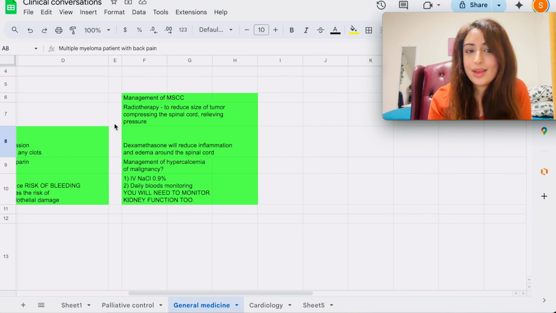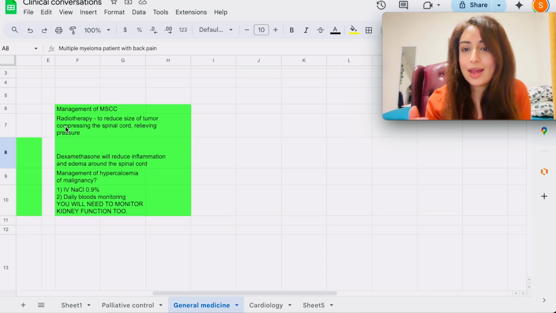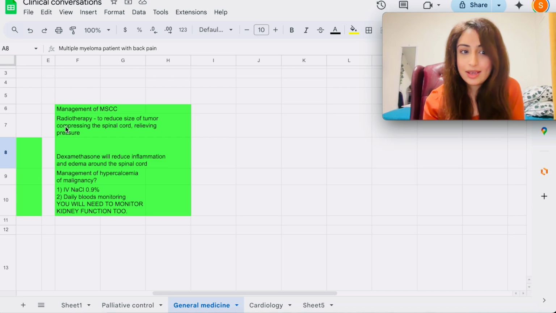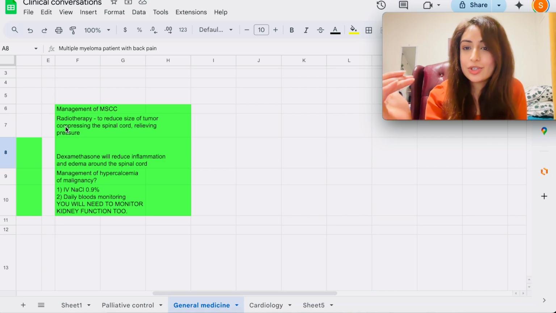Okay. A little bit about the management of MSCC, then we'll go back to another anticoagulation case. Metastatic spinal cord compression occurs due to a metastasis from a primary tumor. That primary tumor has spread and caused another part of the cancer to migrate over to the spinal cord.